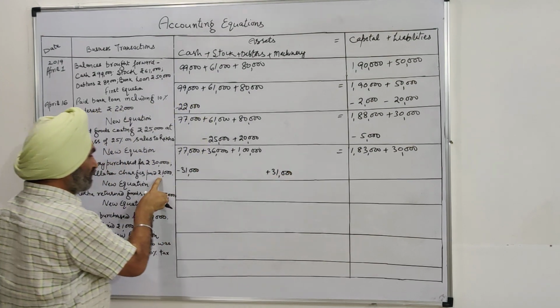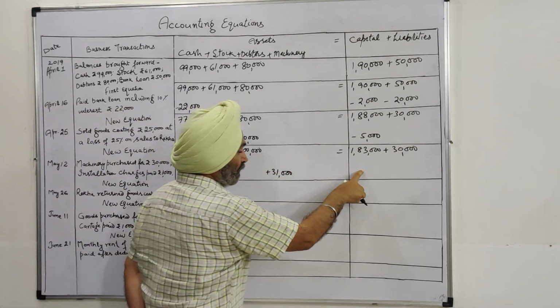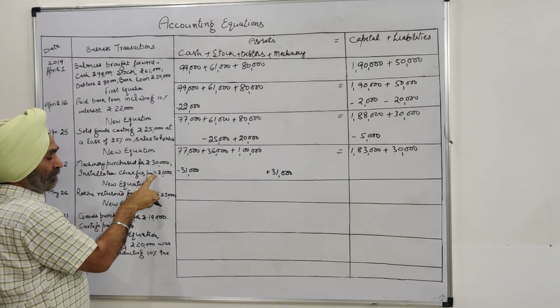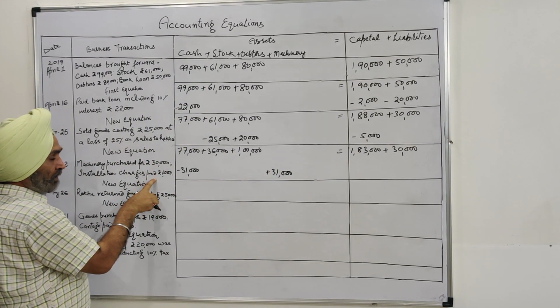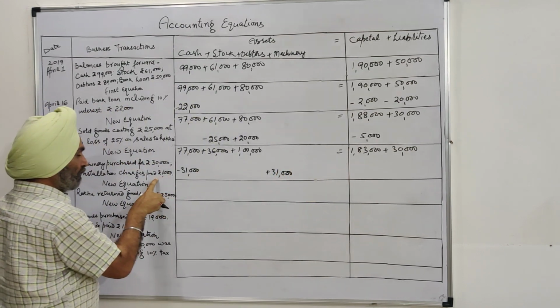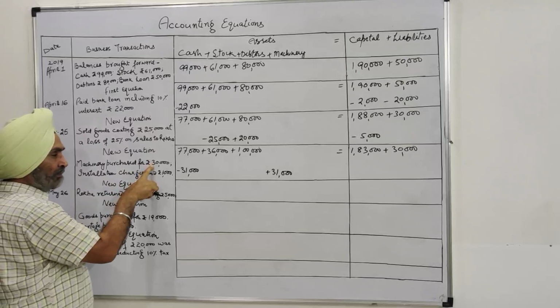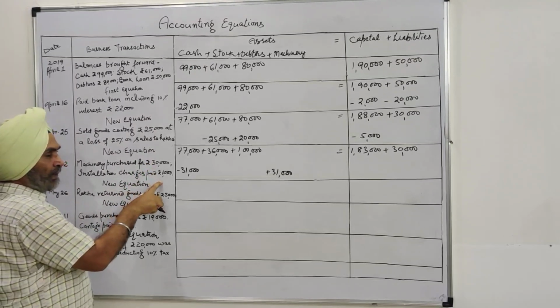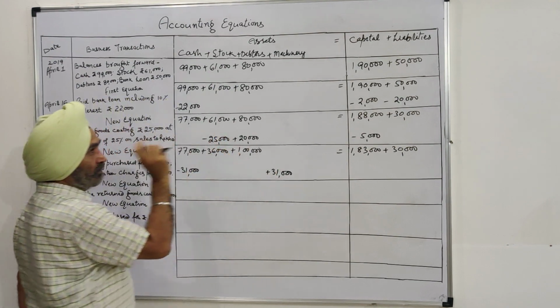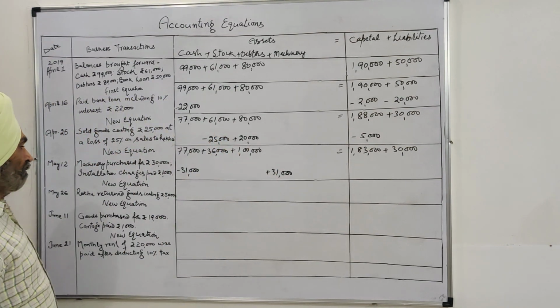So these expenses will not be deducted from capital because these are not of revenue nature. Had this been of revenue nature, we would have deducted from here. But because these are of capital nature, both will be combined. We will call that our machinery, including expenses, purchased for 31,000.